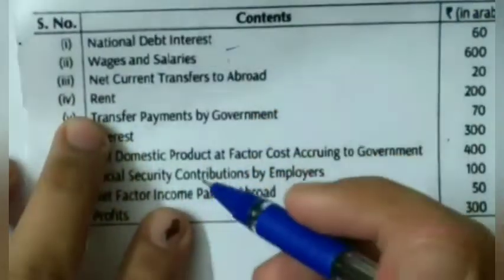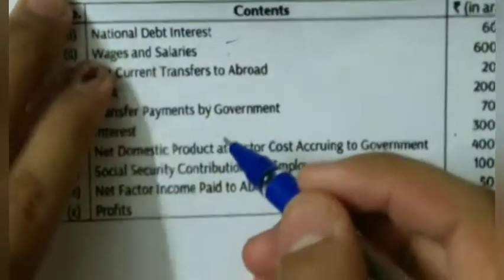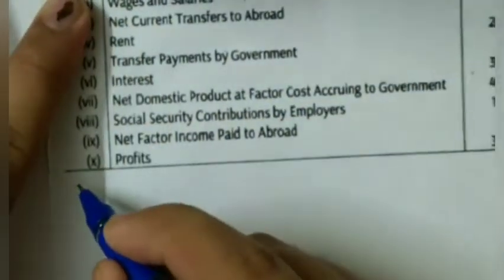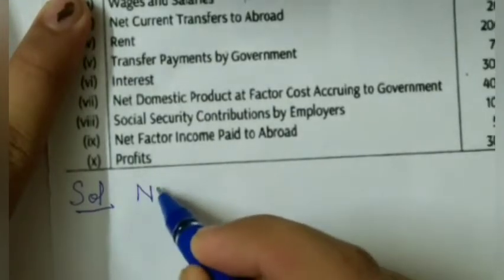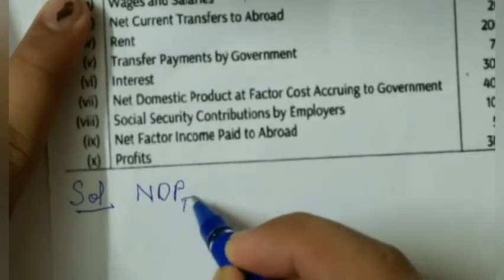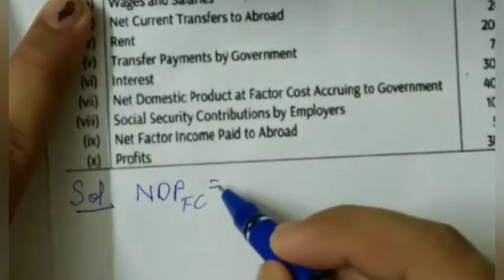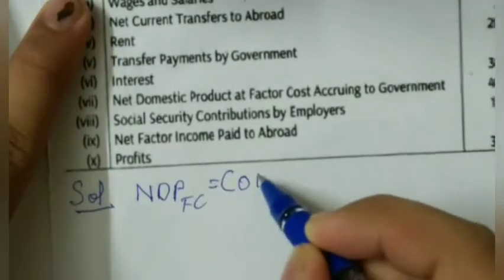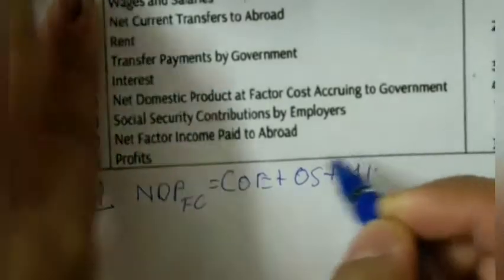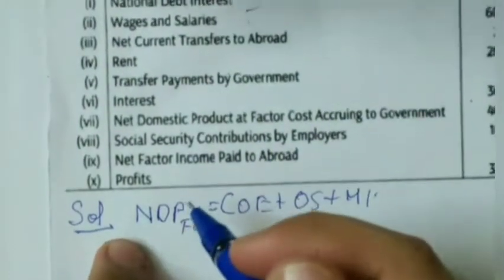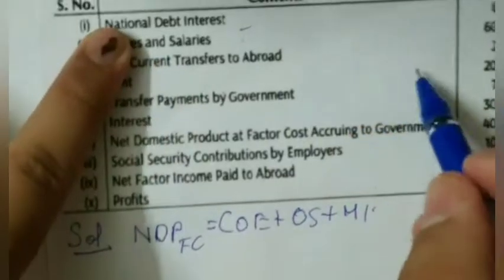We are using the income method to come to the answer in this question. According to the income method, NDPFC is equal to COE plus OS plus MI.